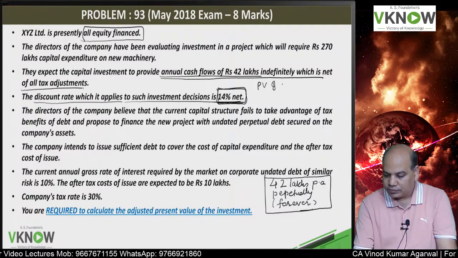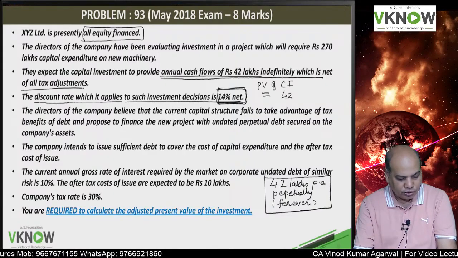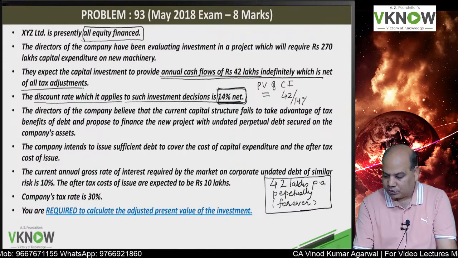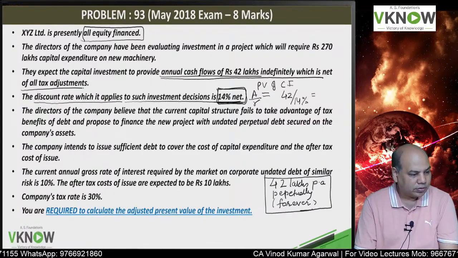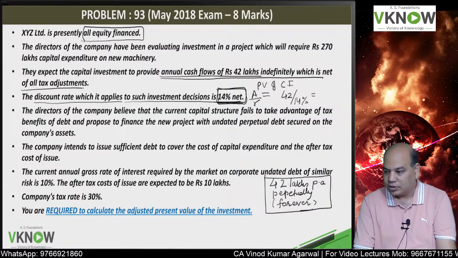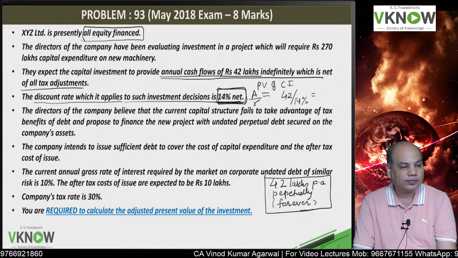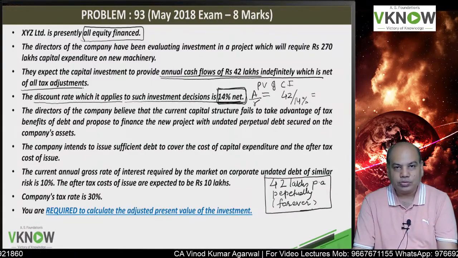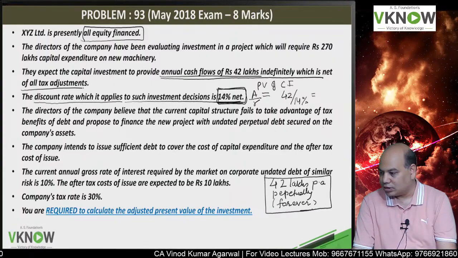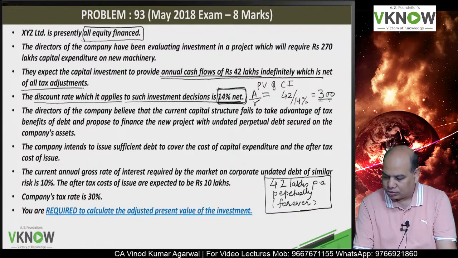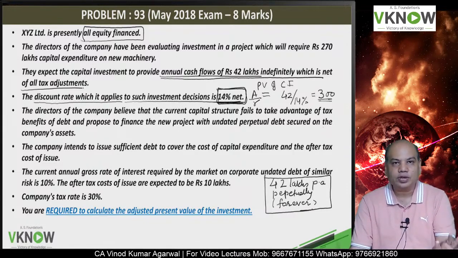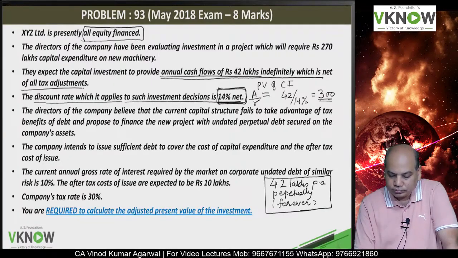So PV of cash inflow will be 42 divided by 14%, annuity upon rate of discount, A upon R formula. 42 divided by 14%, answer please. So present value of cash flow will be 300.